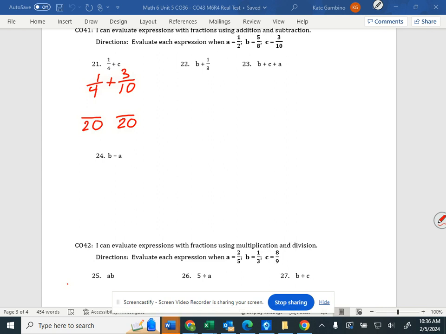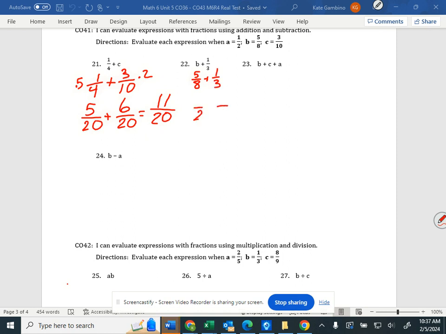To go from 4 to 20, I multiplied by 5. 5 times 1 is 5. To go from 10 to 20, I multiplied by 2. 3 times 2 is 6. I get 5 plus 6 is 11 over 20. I cannot get any simpler than that. That is my answer.